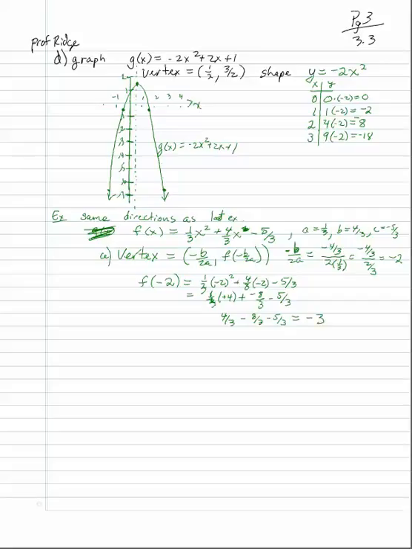Alright, so the vertex is negative 2, negative 3.